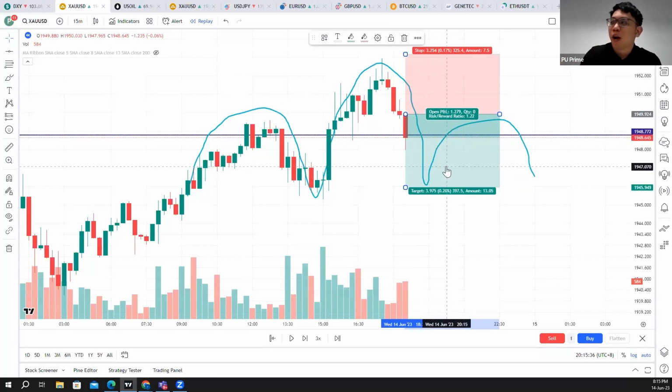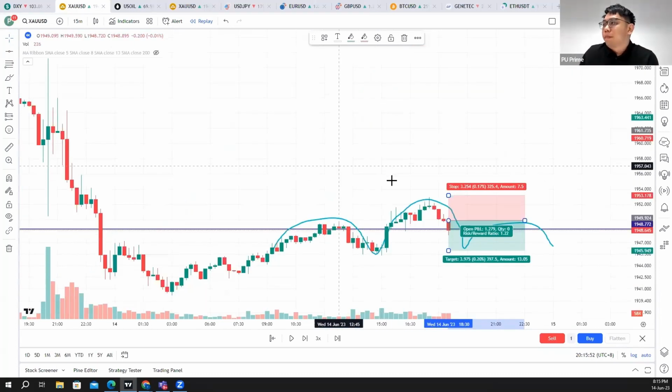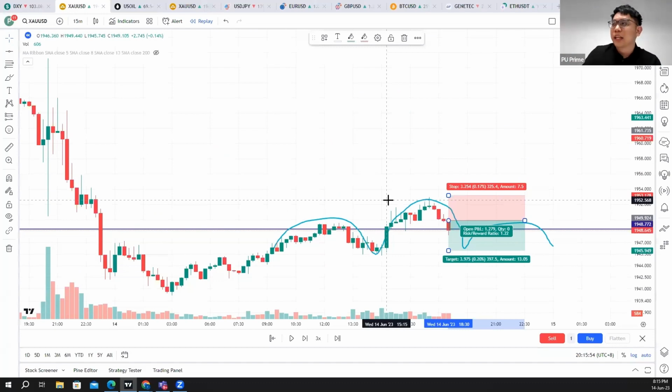For me, I always go for at least 1 to 1.5, so I have 50% more in the TP as compared to my stop loss. So for me to make sure that, throughout the years, I can make money from my trades. Okay, so this is the idea behind this day trade.